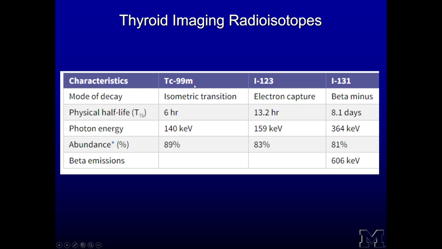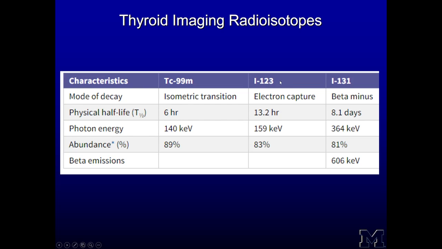Technetium-99m pertechnetate has a physical half-life of 6 hours and pure gamma emission of 140 keV, which is suitable for imaging with a low energy high resolution collimator, producing imaging of exceptionally good quality.